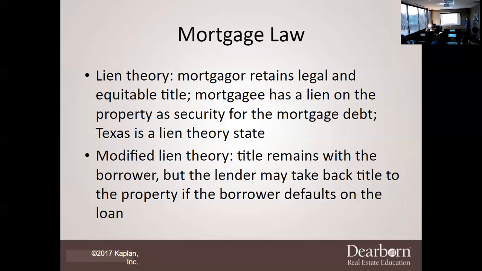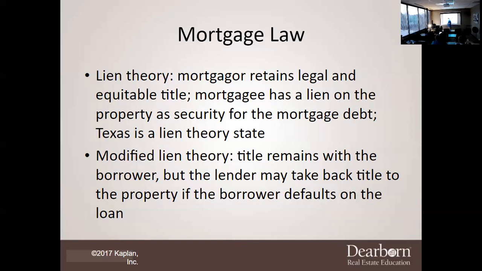Okay. So in that situation, the mortgagor, the borrower or the buyer, will retain legal and equitable title, but the mortgagee, the lender, has a lien on the property as security for the mortgage debt.